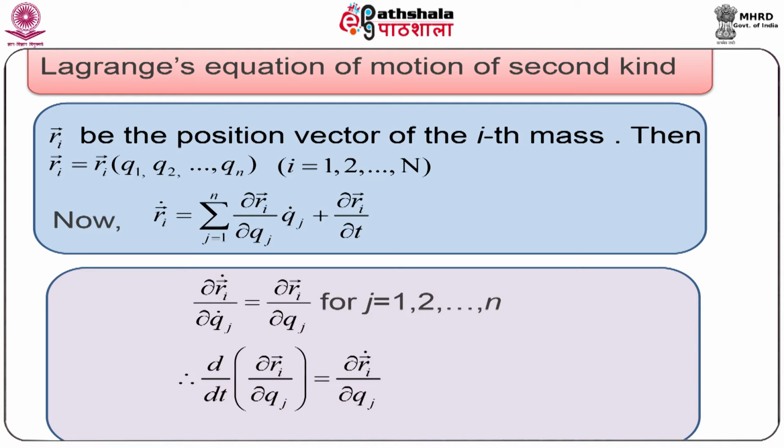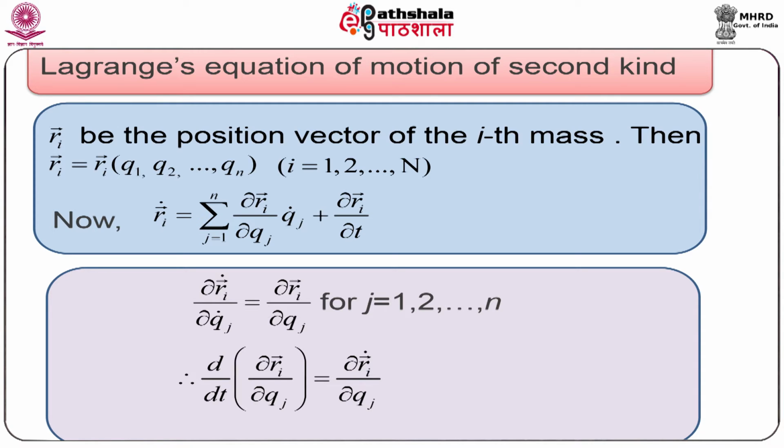Now Ri vector dot, that is d/dt of Ri vector, can be written as summation over j of del/del qj operated on Ri vector into qj dot plus del/del t operated on Ri vector. Here we have used the chain rule of differentiation.